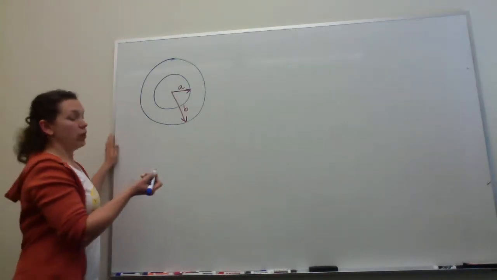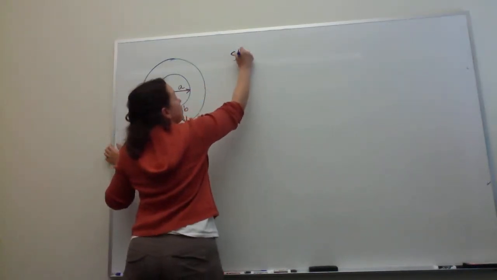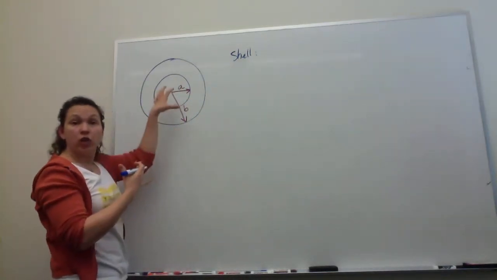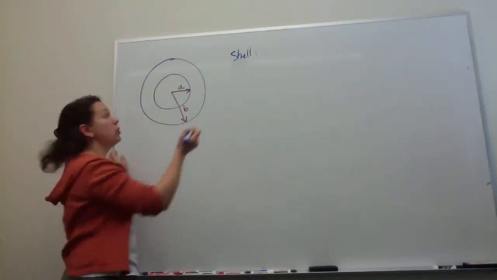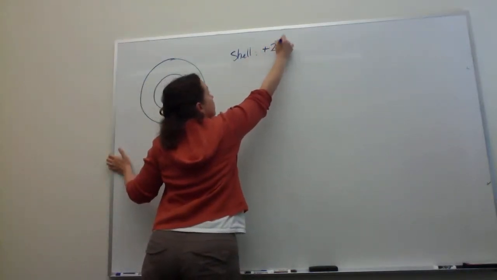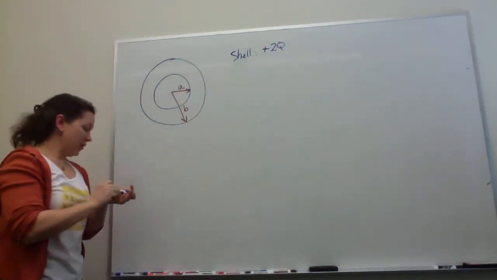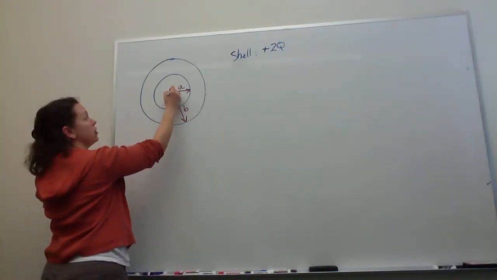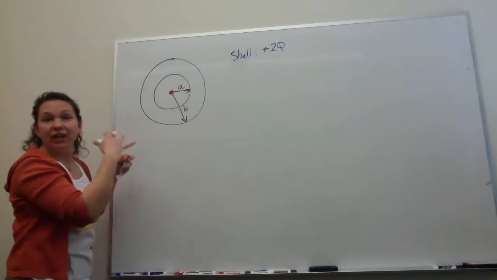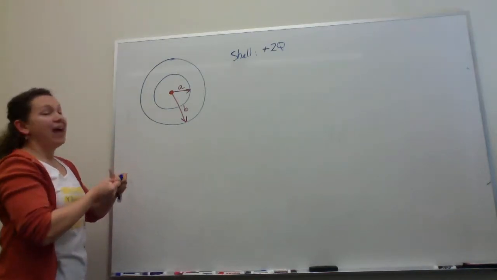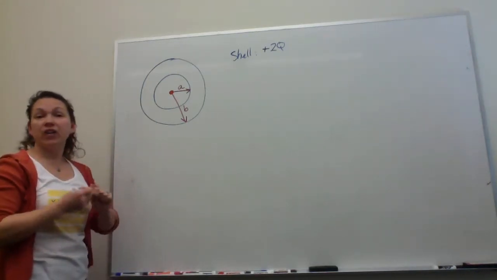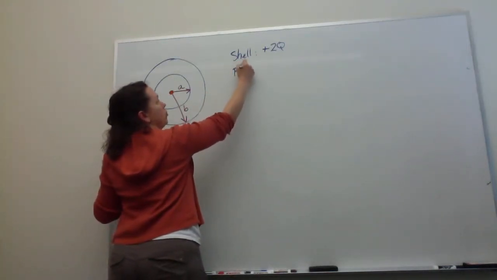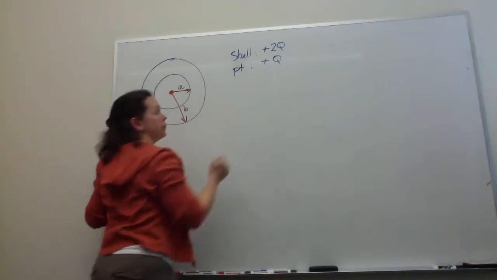Okay, so for this shell, the problem says that we have a charge on this shell of positive 2q. And at the very center of the shell, we have a point charge. I'm going to draw it like that so you can see it better on the video. That point charge has a charge of positive q.